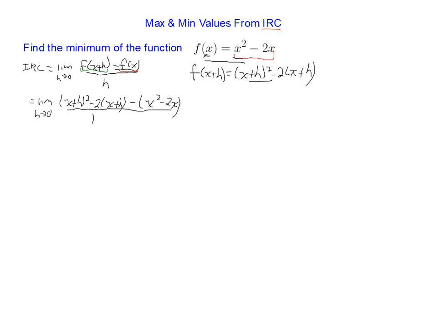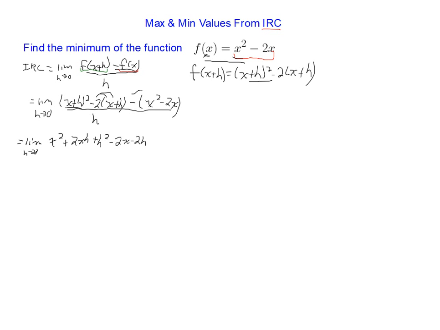Now at this point, we're just going to expand and simplify the numerator. So we still have this limit as h goes to 0. If we expand x plus h squared, we get x squared plus 2xh plus h squared. So that's just expanding this part right here. We'll multiply this negative 2 through the brackets, and we'll get negative 2x minus 2h.